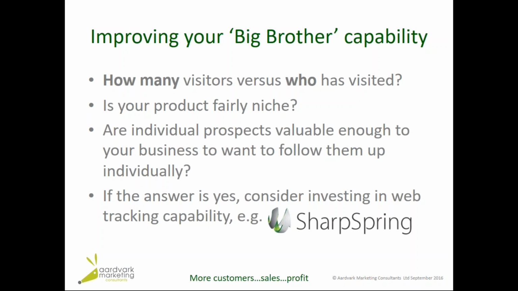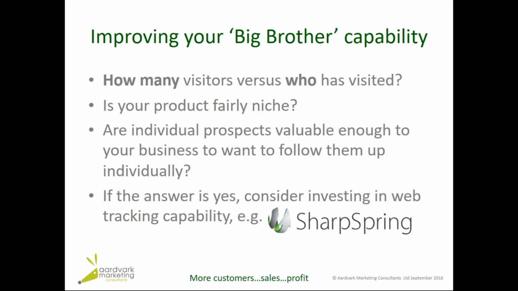So if your product is a fairly niche product, if you're in a B2B type of business, so you're not dealing with thousands of prospects, you're dealing with hundreds or tens or occasionally just a handful at a time, you might want then to contact them individually when they visited a particular page and send them an individually targeted or tailored message. And you can do that if you up your game a little bit and start measuring who's visiting your website. And if you haven't got great numbers, that's much more valuable.